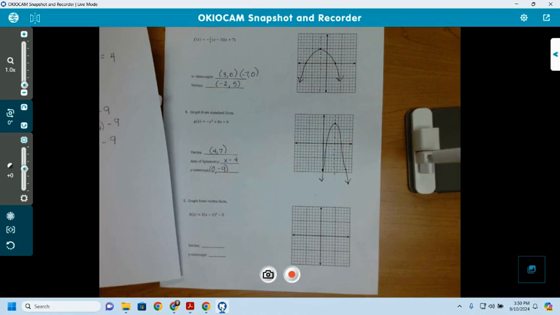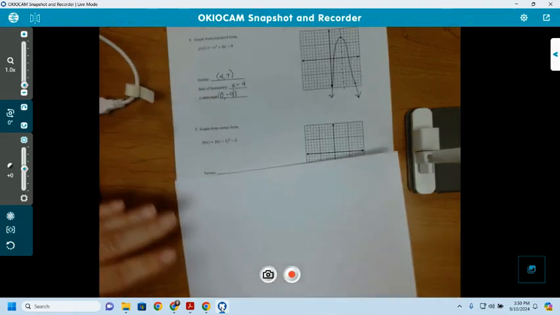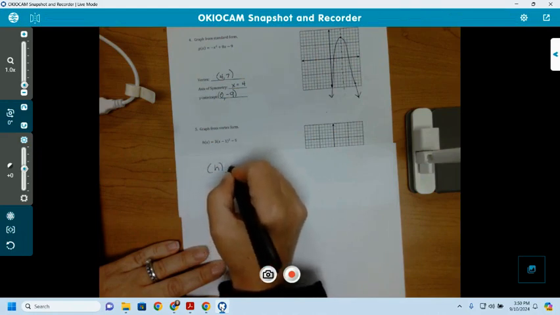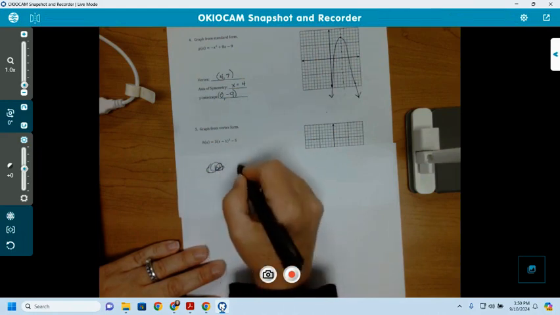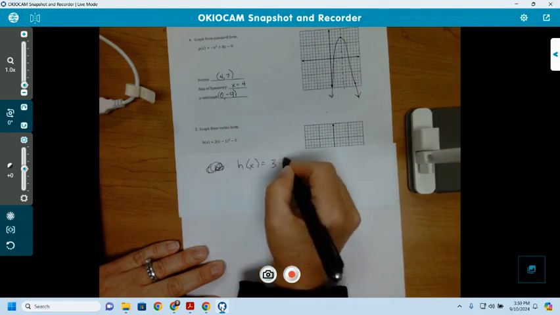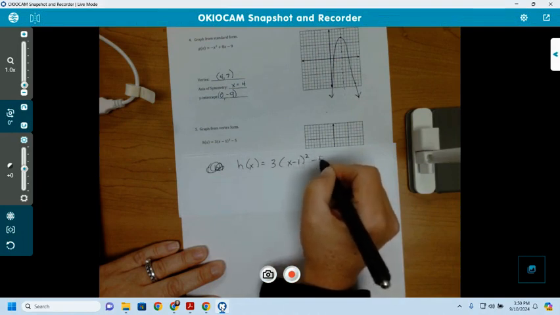And the last problem that we have to do is in vertex form. We have h of x equals 3 times x minus 1 squared minus 5.